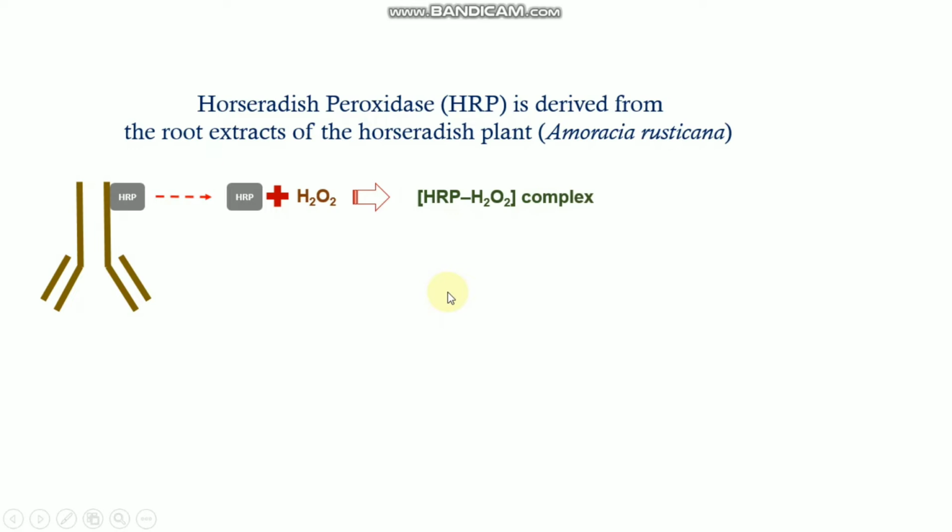The initiation of the HRP enzyme-mediated color development process for signal generation depends upon the presence of hydrogen peroxide. How does hydrogen peroxide work? If we analyze it, hydrogen peroxide contains two OH groups, and the two oxygens are linked together by a covalent bond, which is much weaker compared to other covalent bonds.